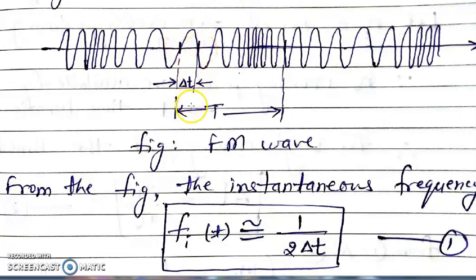And for the complete duration of time T, where we are going to count the number of zero crossings, in this diagram I have counted 15 zero crossings. 15 zero crossings means 15 half cycles have passed.